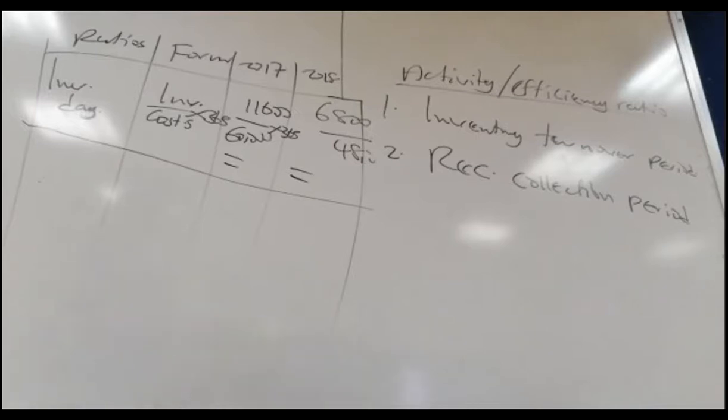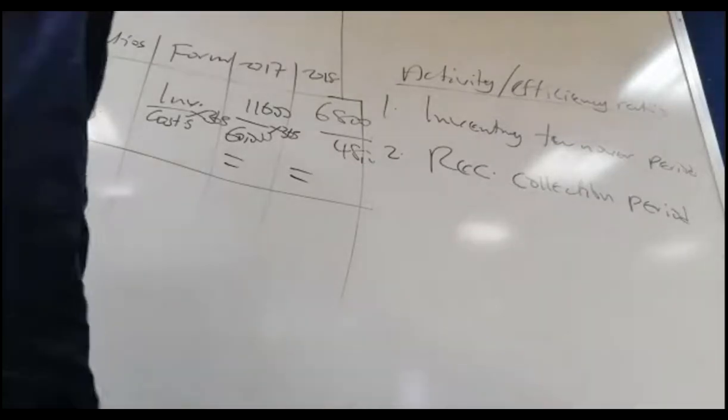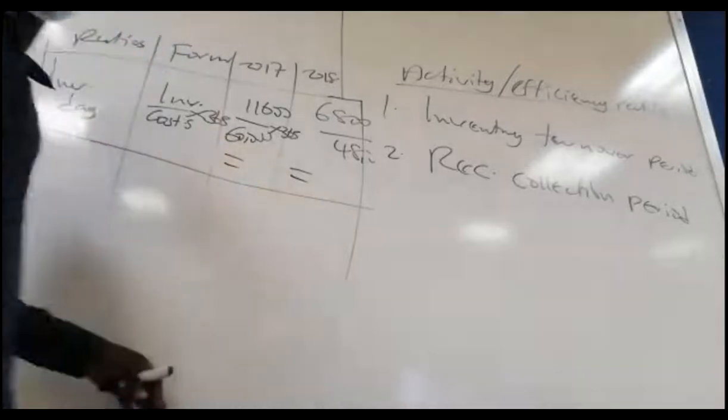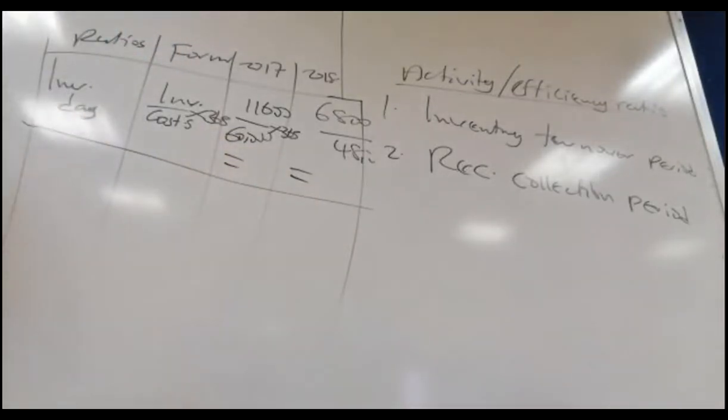So at least it should take us a shorter period to receive the proceeds from credit sales, cash from our credit sales. So it should take us a shorter period to receive our money. The shorter the better.